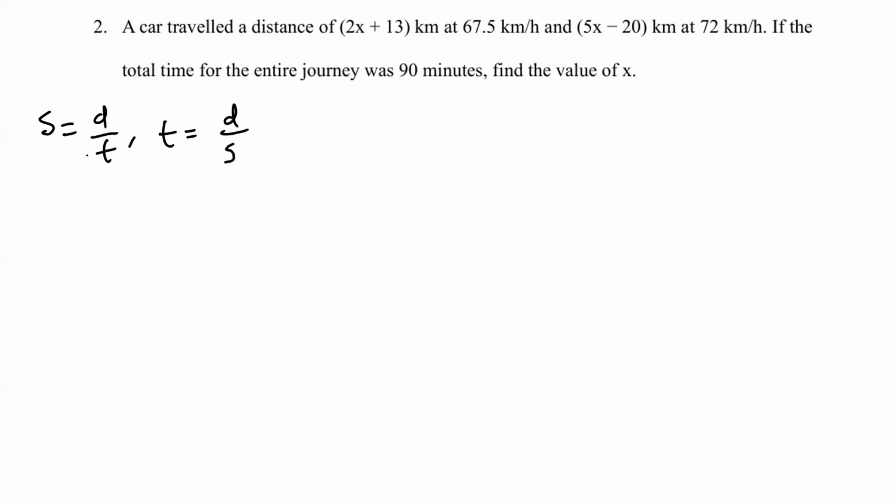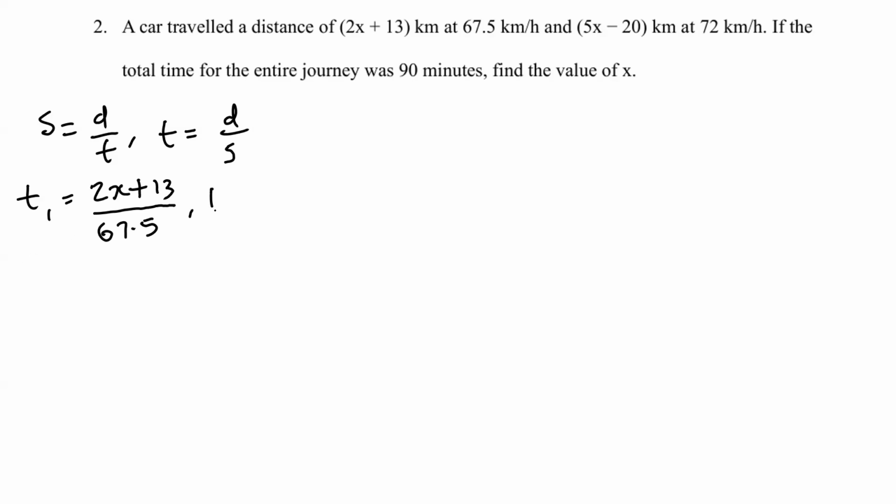So this is the first part of the journey. The time will be 2x plus 13 divided by the speed 67.5. And 5x minus 20 kilometers at 72 kilometers per hour. That is another part of the journey.